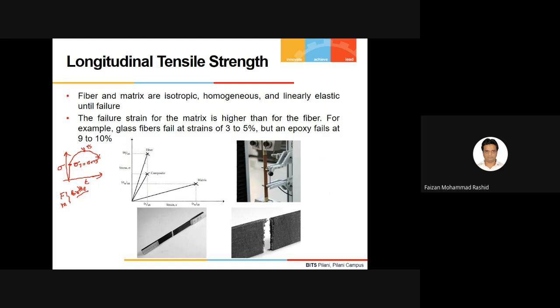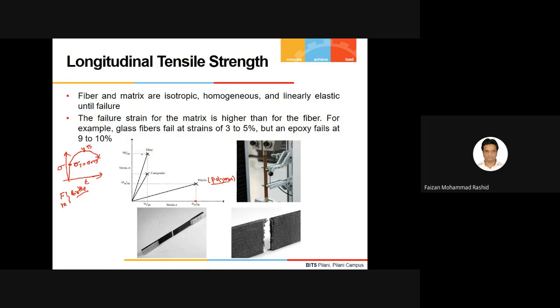If you pull the fiber alone, it will fail at a higher load as compared to matrix. But matrix will fail at a higher strain. You know why? Because matrices are mostly polymers, plastic material, so definitely it will elongate more, but it will fail at a lower stress value.